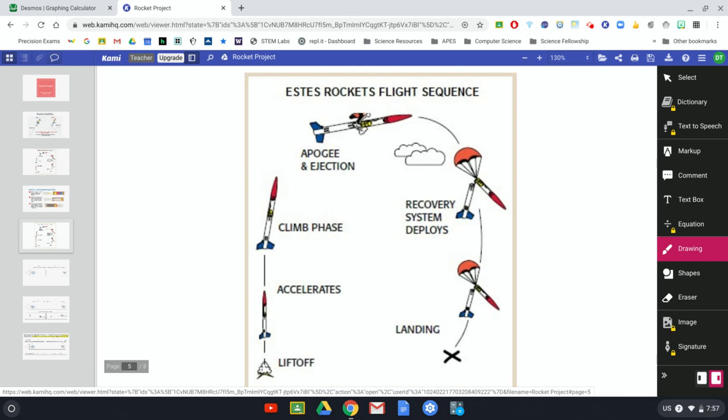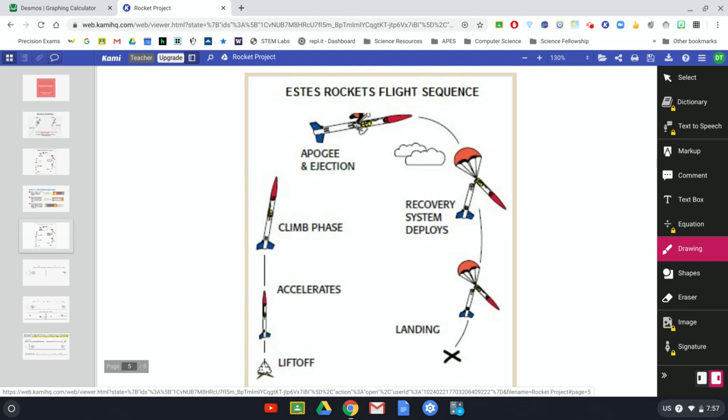If those two pieces are already coming apart when the parachute deploys, it's not deploying into the upper stage or into part of your rocket. It's deploying out into the atmosphere, where it's less likely to get tangled up, and you have a more successful chance that the parachute will do its job of slowing the descent of your rocket.